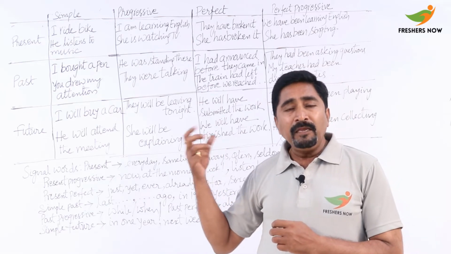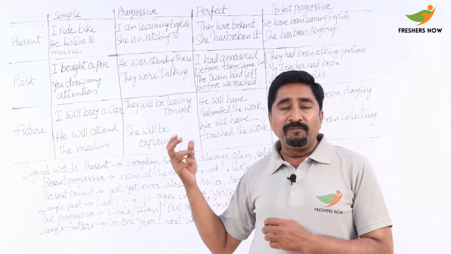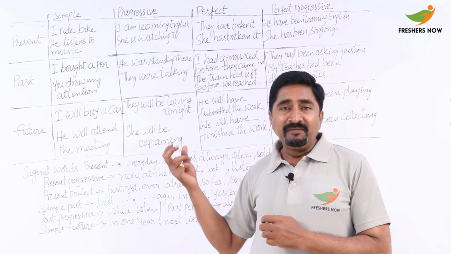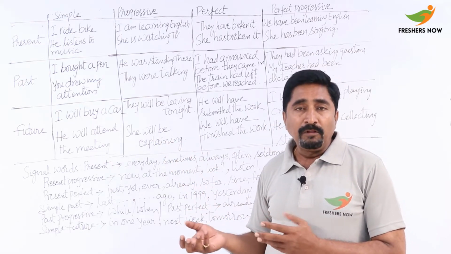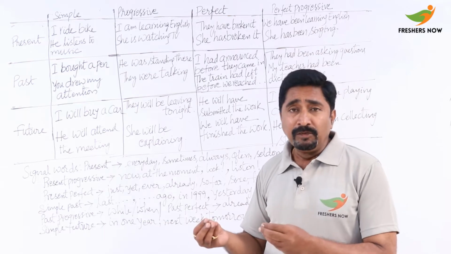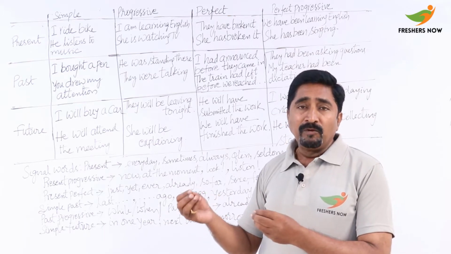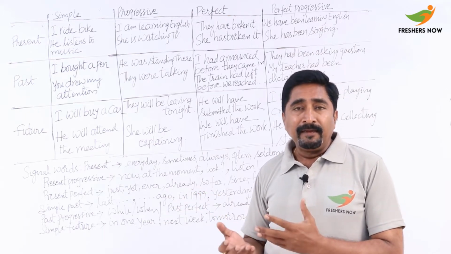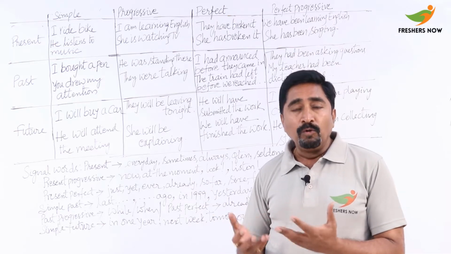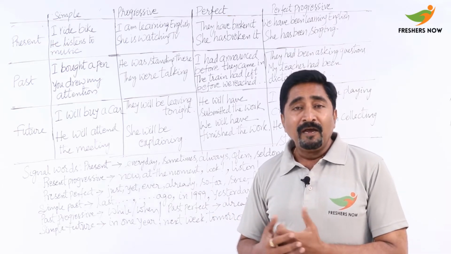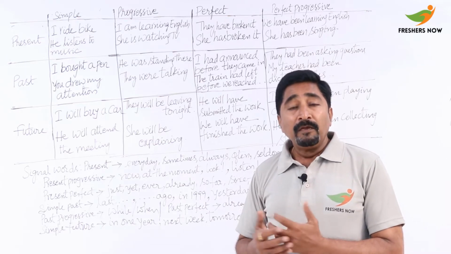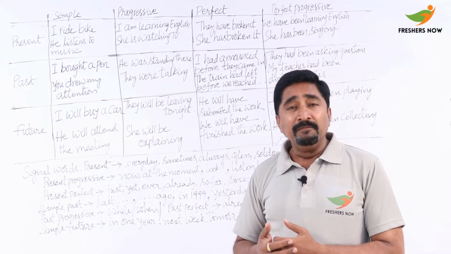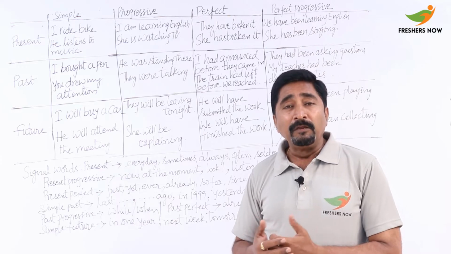And for an easy identification of that simple present tense, we have certain adverbs, otherwise called signal words, that signal you that they are under present tense. Like always, sometimes, every day, daily, often, frequently, seldom, rarely, regularly.